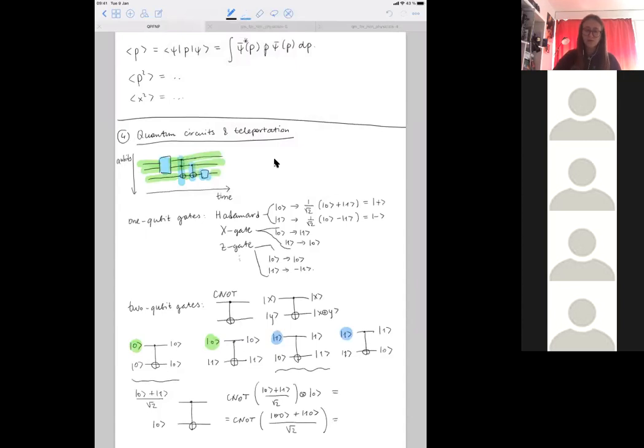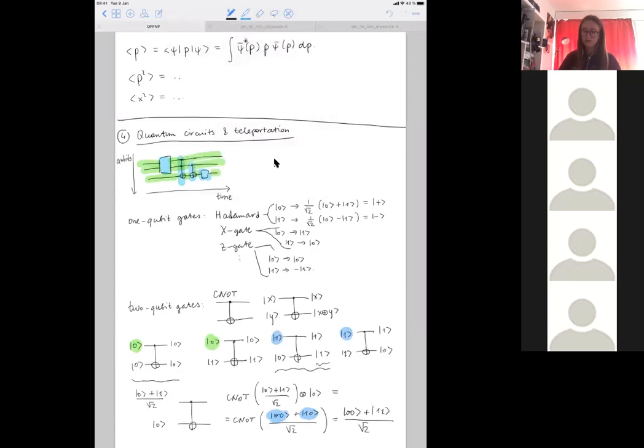So if we act with CNOT on 00, we know that nothing happens. If we act with CNOT on 10, we know that it turns to 11, according to this picture here.